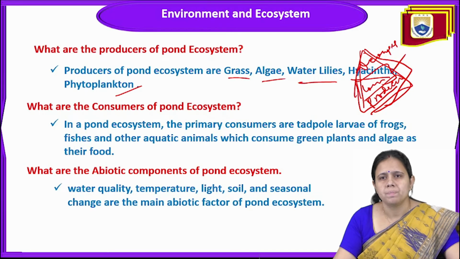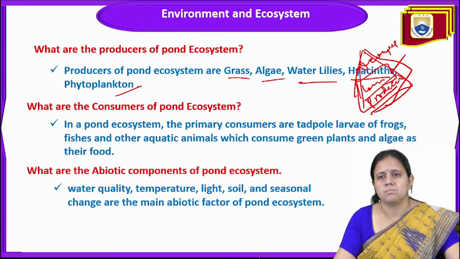Those organisms that are dependent on the primary producer as the main source of their food are called consumers. So examples of primary consumers of the pond ecosystem are tadpoles, larvae of frogs, fishes, and other aquatic animals that consume green plants and algae as their food.